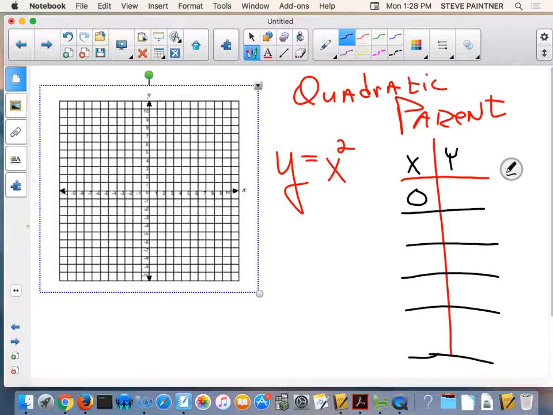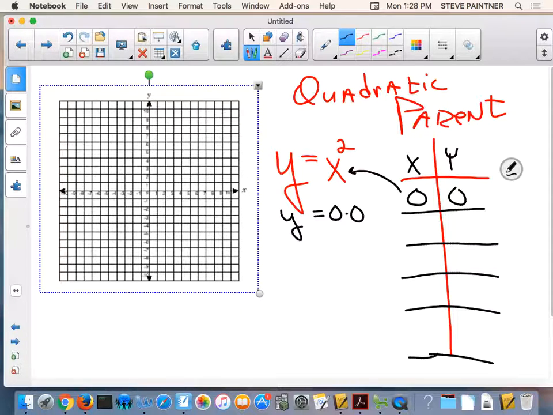Why wouldn't I? It's the easiest number. Fill it in. Don't want you waiting on me. Y equals x squared, 0 goes in. What's the answer? 0 times 0?